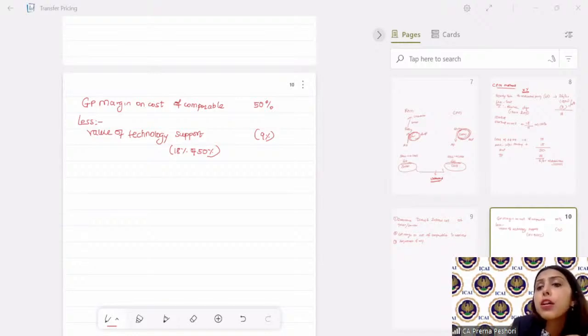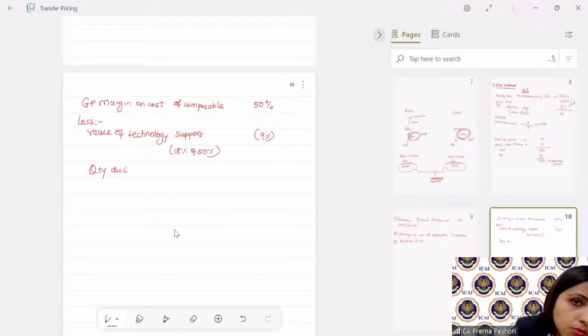My gross profit margin will further reduce, because this I'm giving to ABC, but I'm not giving it to XYZ. So less quantity discount, which is 10% of normal gross profit margin, which is 50%, which comes to 5%.